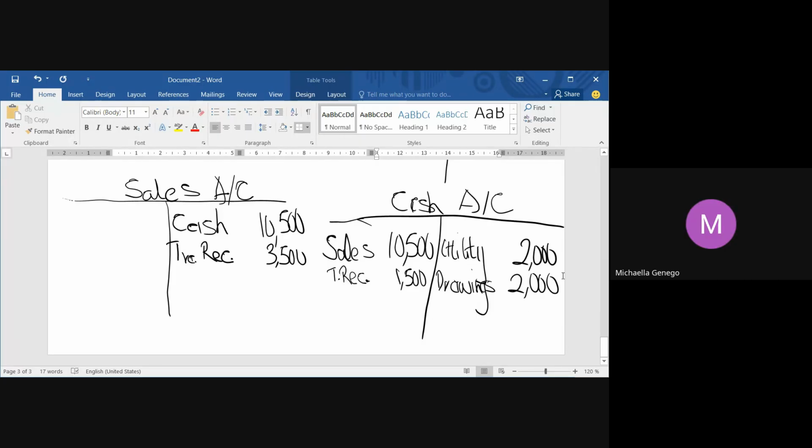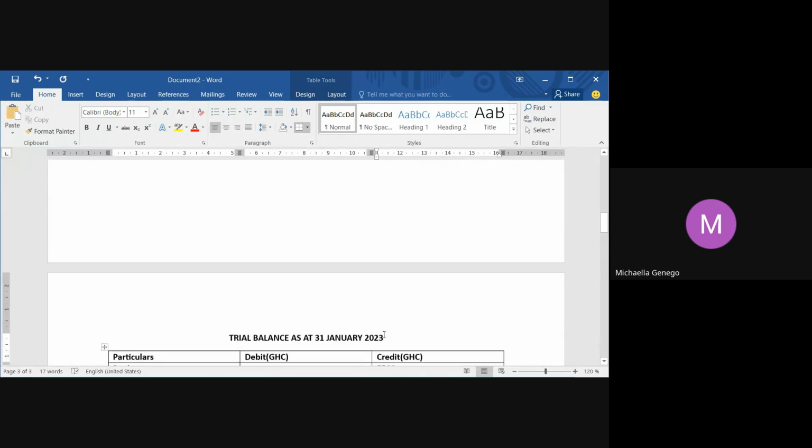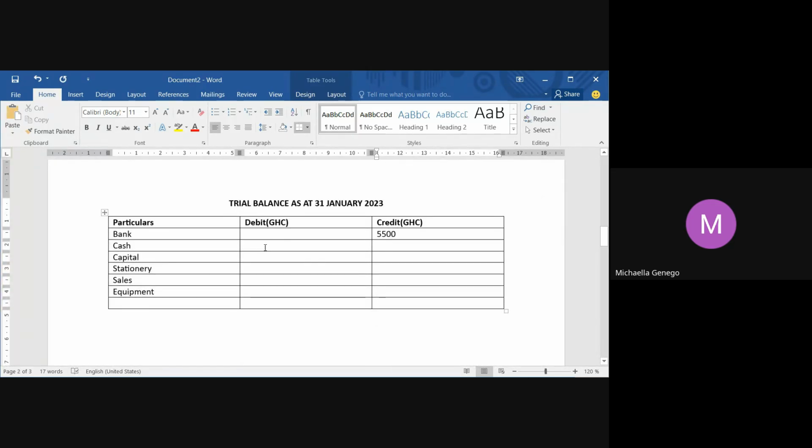Yes, madam. And then when you balance off, the balance will come here, balance brought down 8,000. So it's on the debit side. I'm looking for the balance BD, the balance brought down, not the balance carried down, not the CD.